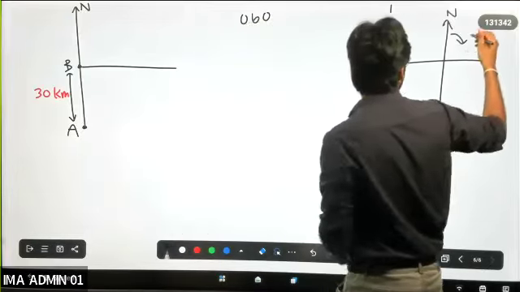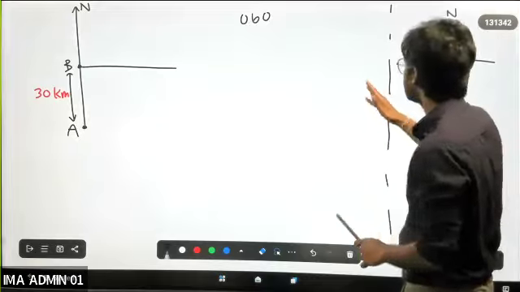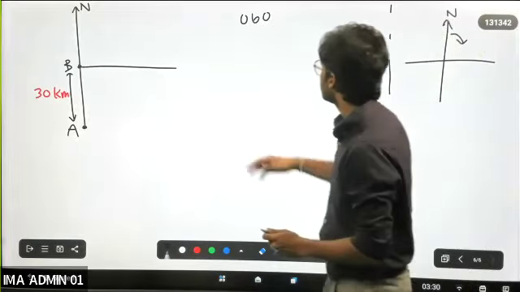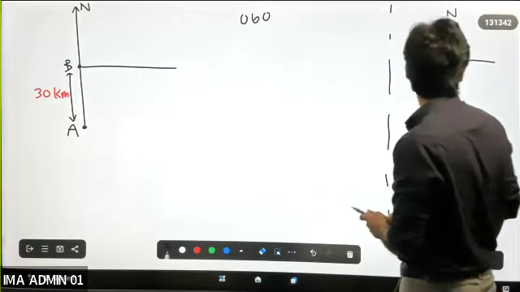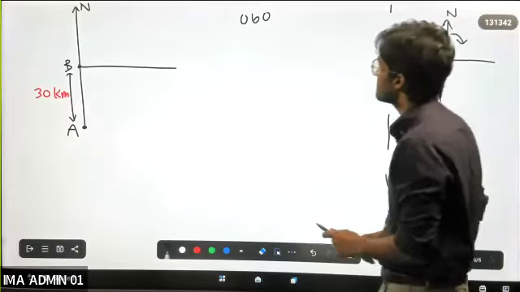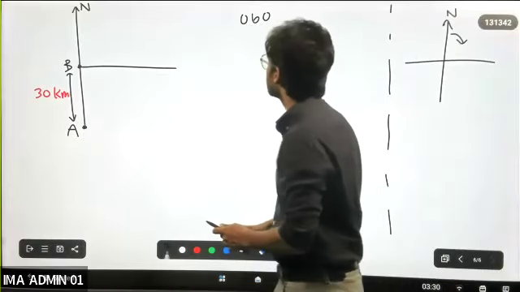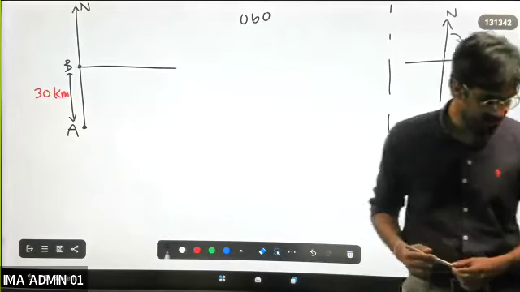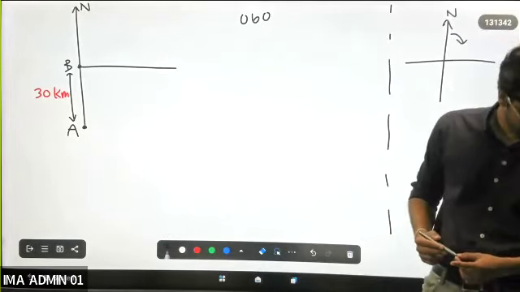So likewise we count that clockwise, no? Yes, clockwise from the north, right? So if in this question it's given as 60 degrees from the point A, no?